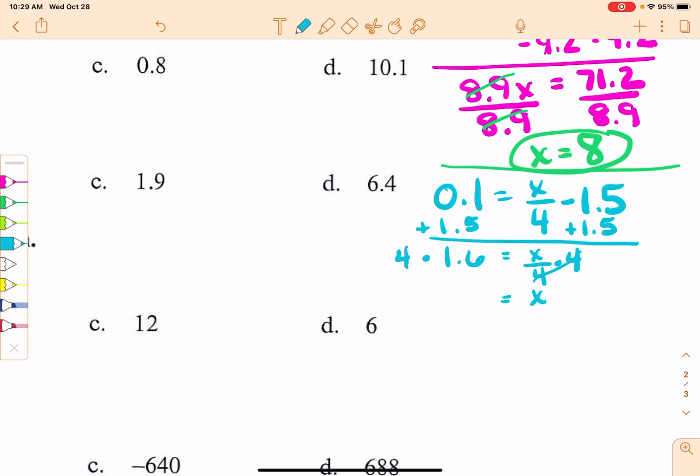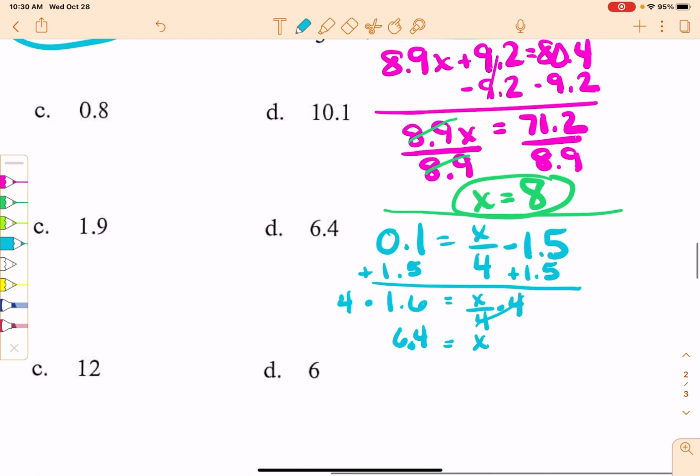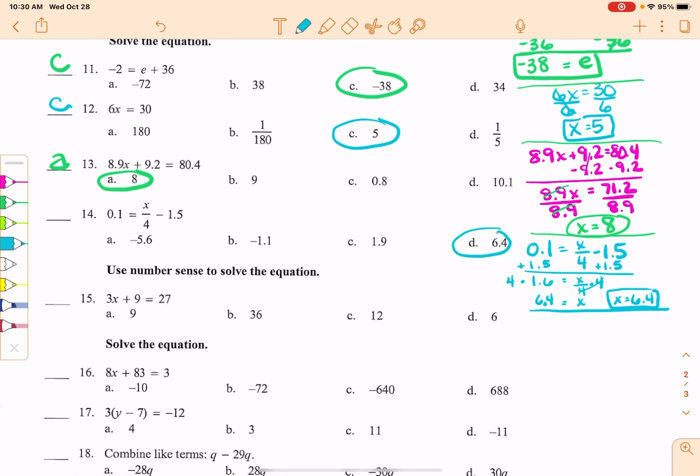So 4 times 1.6 is going to be 6.4. If you want to switch it around so it's this, that's completely fine. Okay, so that means this one is going to be D.